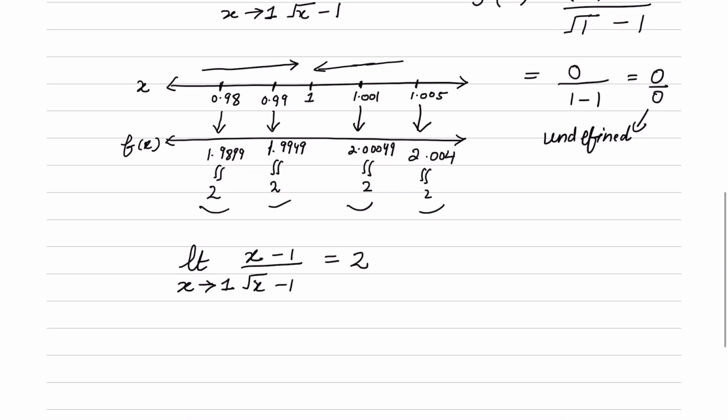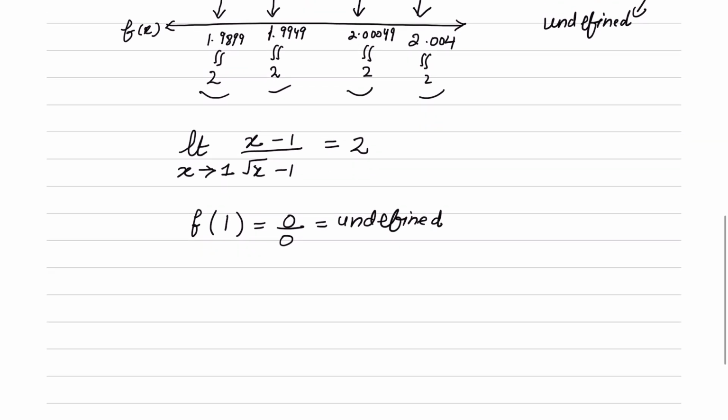So the limit of the function (x − 1) over (√x − 1) at 1 is 2, and we saw that f exactly at 1 was 0 by 0, which was undefined.